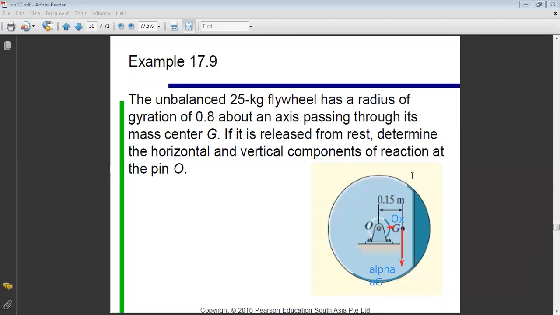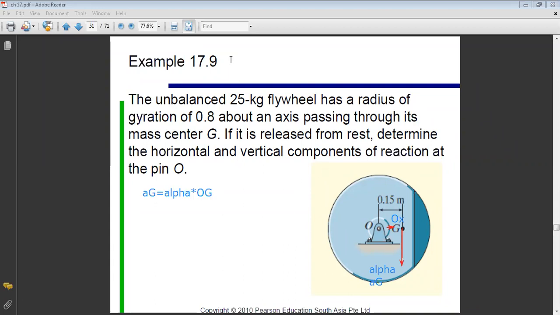Okay, so because you have pure rotation, you can say that AG is equal to alpha times R, which is the distance between O and G. So the first relation you can use is that AG is equal to alpha times OG. Okay, and here AG will be in which direction?